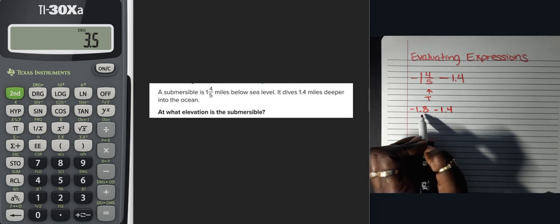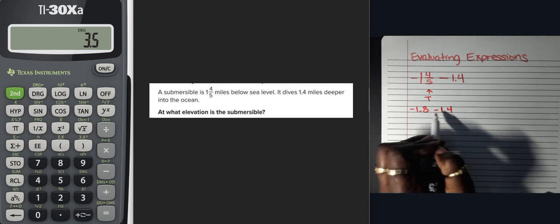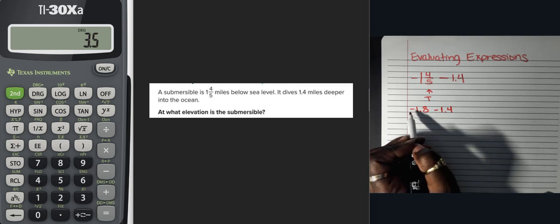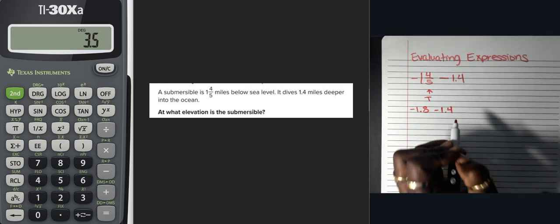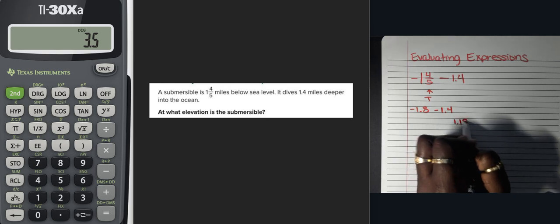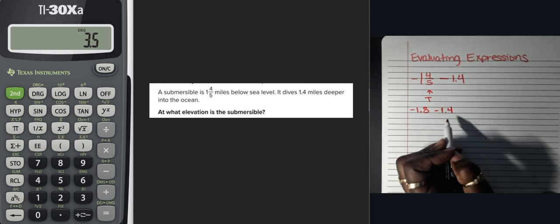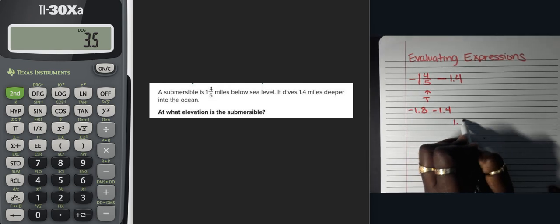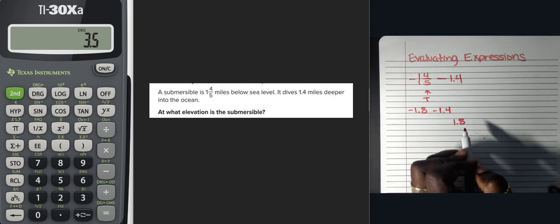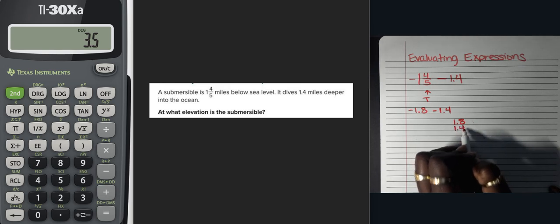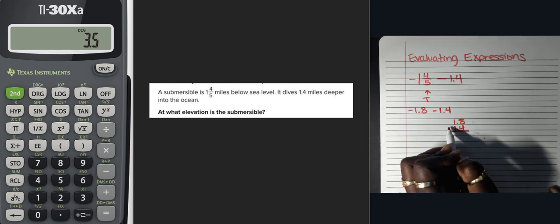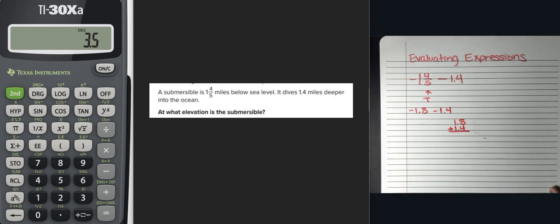So remember, because we are going into the same direction, we can just actually add and then use our subtraction sign, right? So what we're saying is we are 1.8 in the negative, and then another 1.4. We're going to put the negative sign in afterwards, right? So we're just adding these two up together.